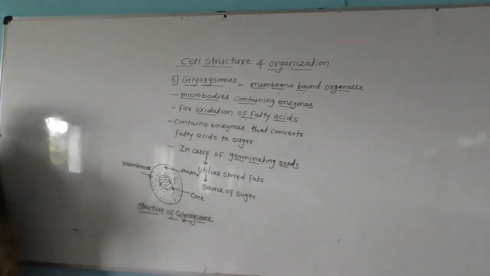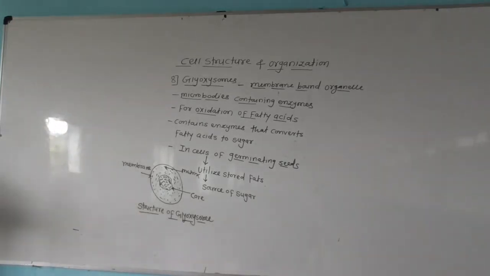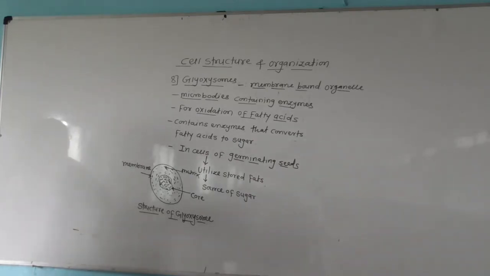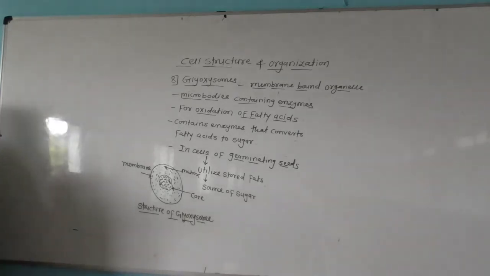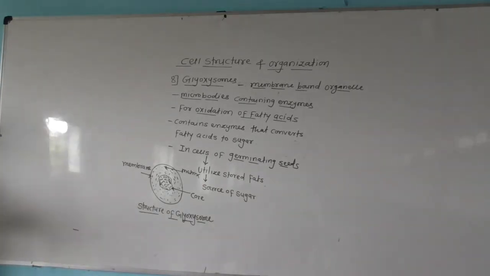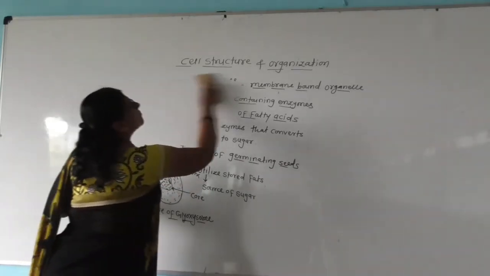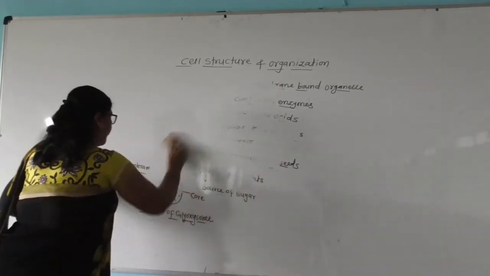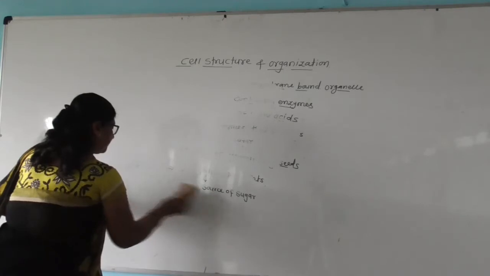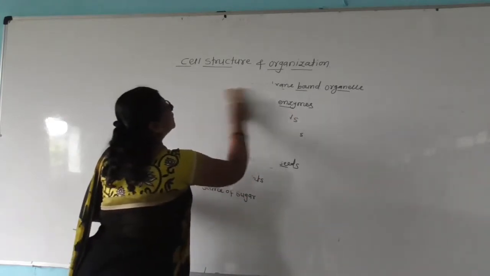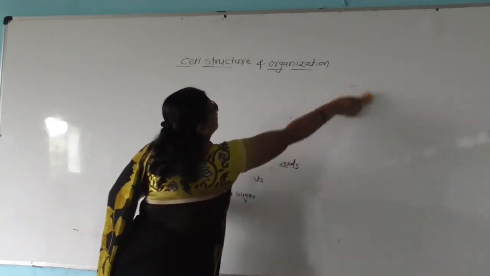Then the next cell organelle is the mitochondria, a double membrane bound cell organelle.